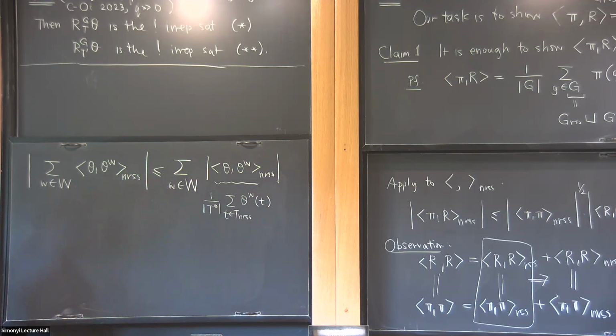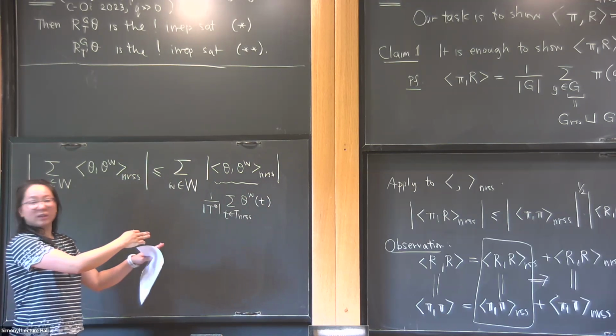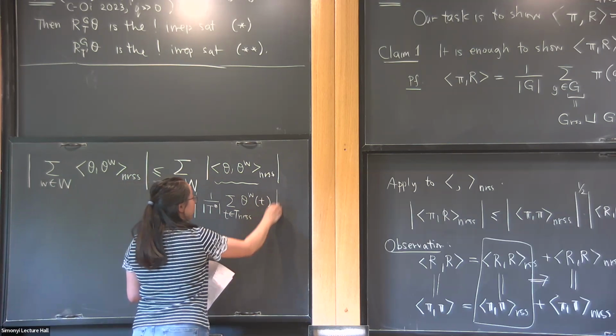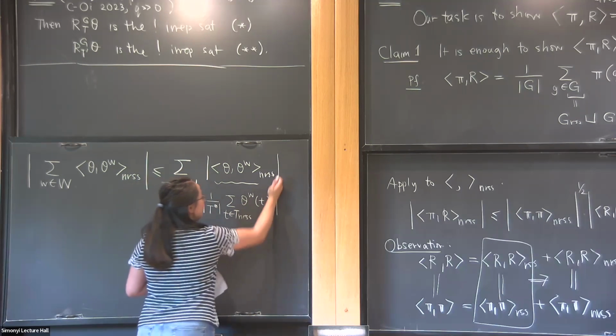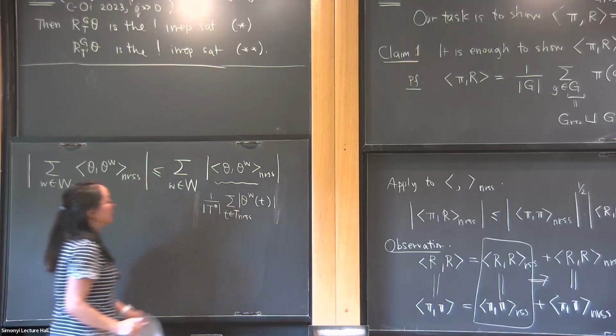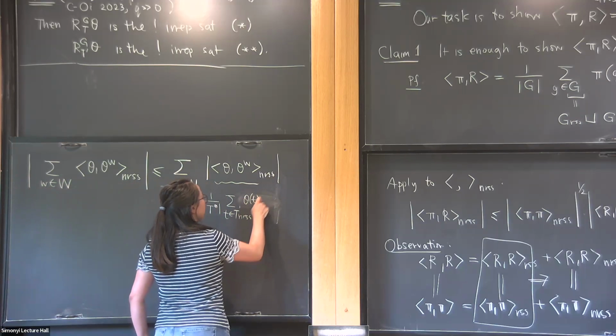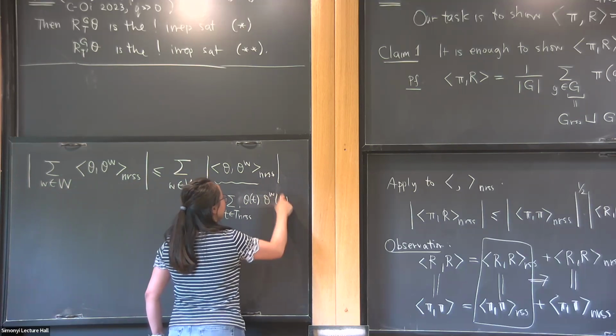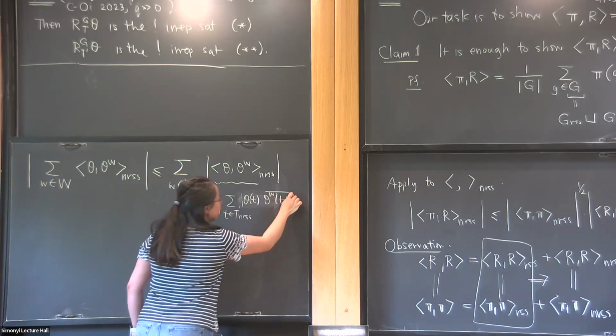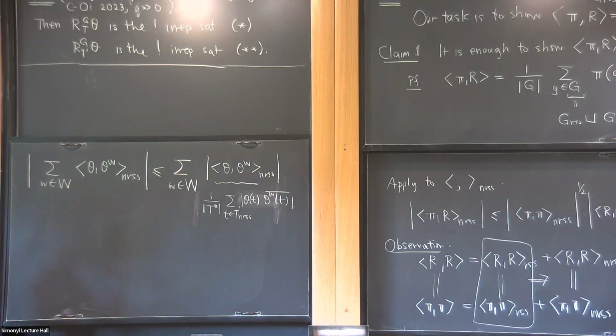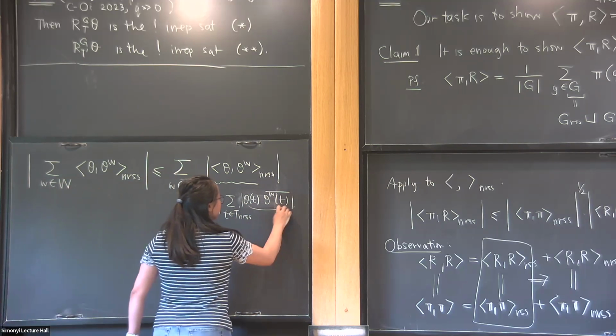Okay. And so I can apply the triangle inequality one more time. The absolute value of this is going to be less than or equal to the absolute value of this. Oh my gosh, apologies. There's a theta of t times theta W of t bar. So the absolute value of this. But what's the absolute value of a character theta? It's just 1. So this thing is equal to 1.